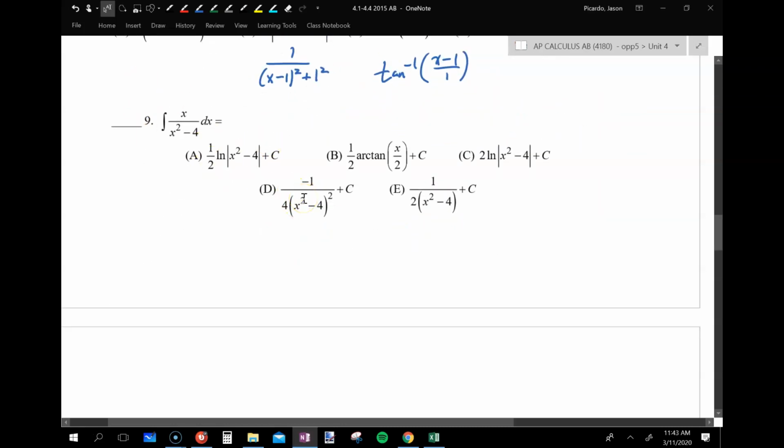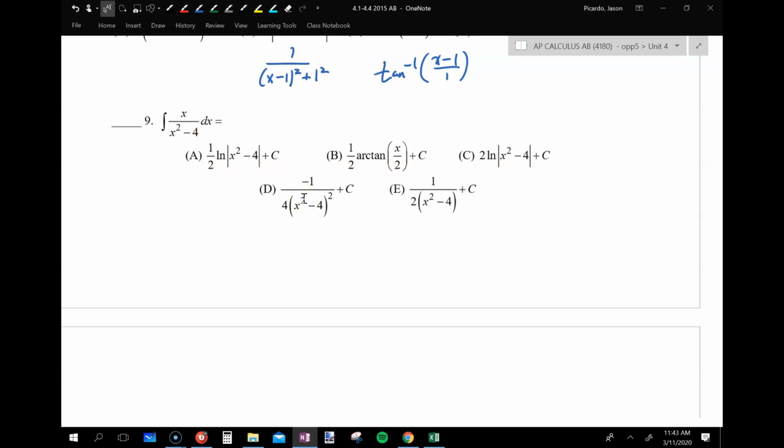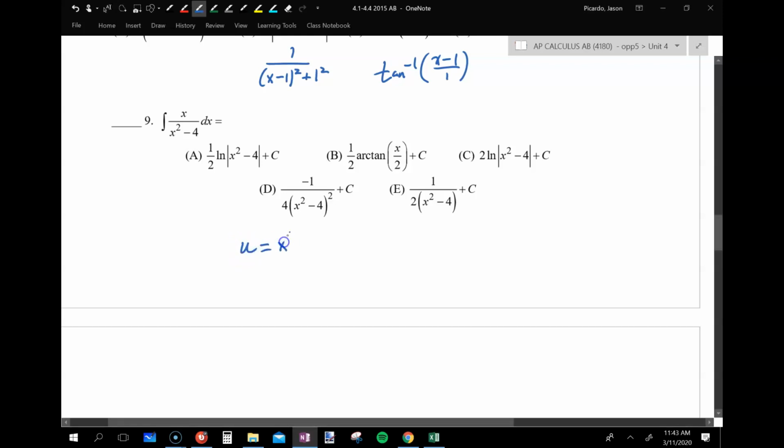Number 9 is, I think, one that's actually right out of the notes. It's a perfect U sub problem. So a half of du equals x dx, pretty straightforward. So here is my x dx.